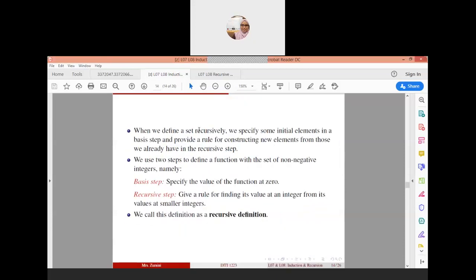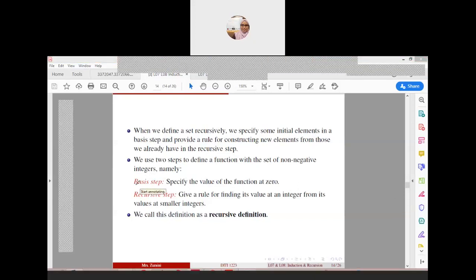When we define a set recursively, we specify some initial element in a basis step and provide a rule for constructing new elements from those we already have in the recursive step. We use two steps to define a function on the set of non-negative integers. For this recursive function we must have the basis step and the recursive step.